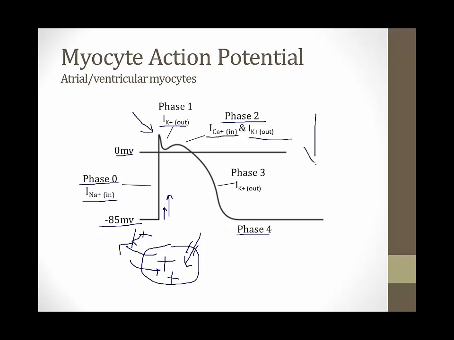This means you have positive charges coming in the form of calcium and positive charges going out in the form of potassium. They are canceling one another out, and thus you get a plateau in the action potential that is characteristic of phase 2. In phase 3, the calcium channels close and you only have potassium leaving the cell. Phase 3 is the result of potassium leaving the cell. This drives the membrane voltage back down to minus 85 millivolts, and then we re-enter the resting phase, phase 4.